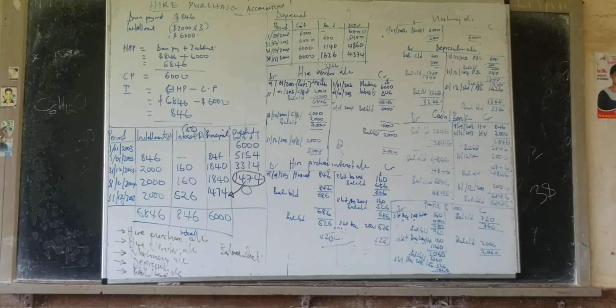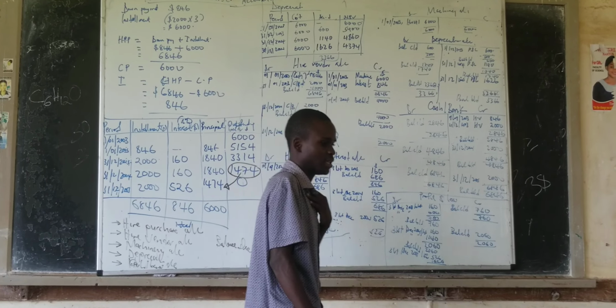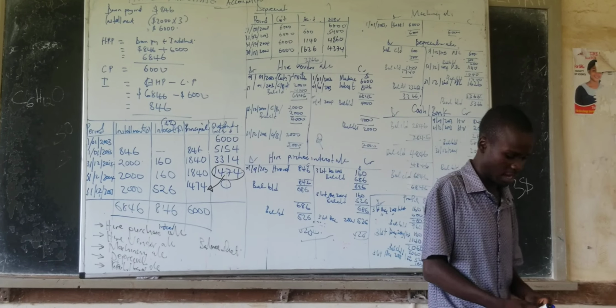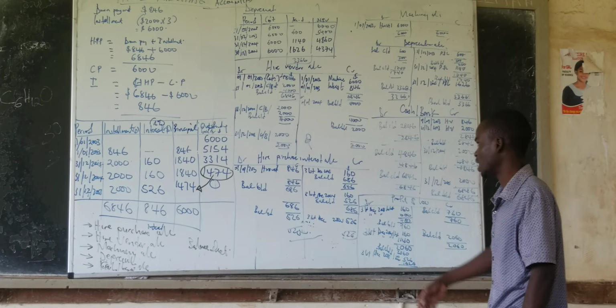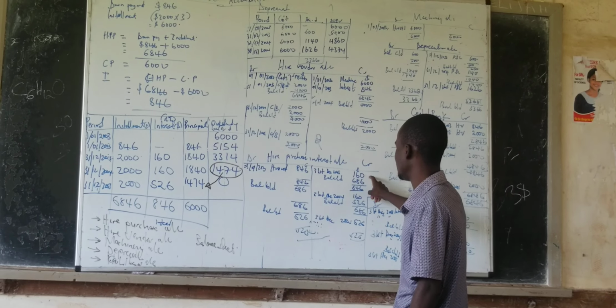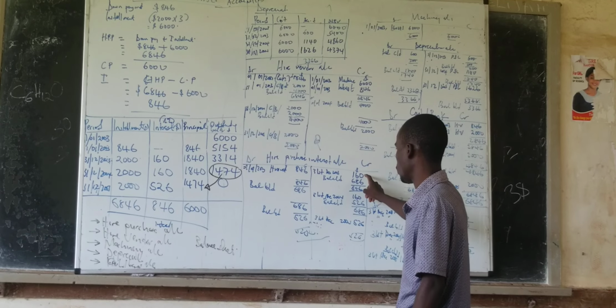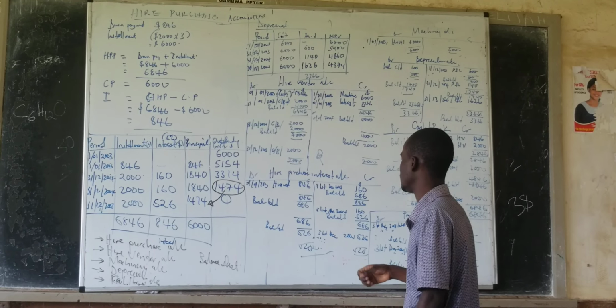It's a liability, and you know liability is increased by what? By crediting. That's why here we are having on 31st December 2003 this interest of 160, because they are not yet paid.